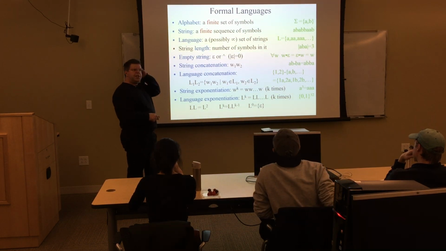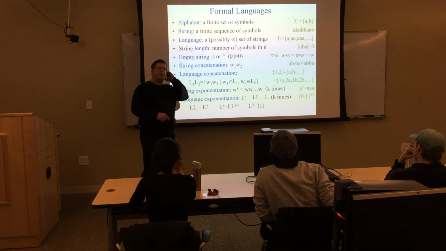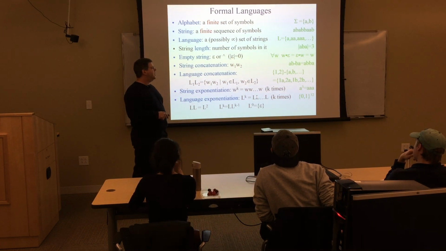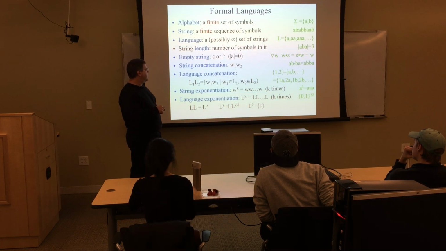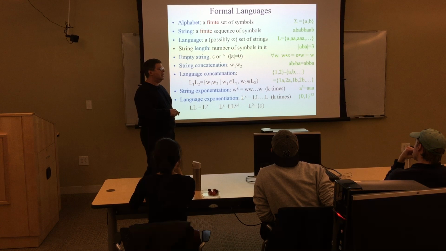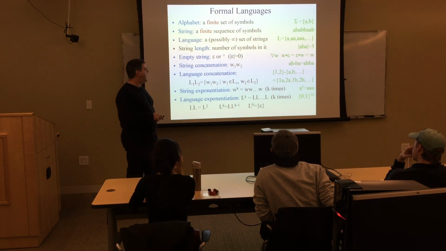Language exponentiation is the extension of exponentiation to languages, where you concatenate the language to itself that many times, right? So you apply this definition of language concatenation, not just one language to another, but the language to itself, and a lot of times, up to the exponent denoted by k.